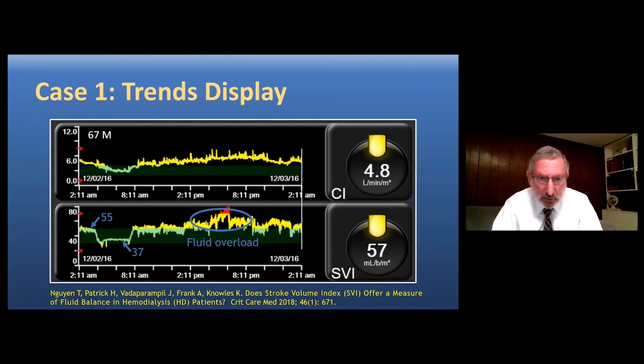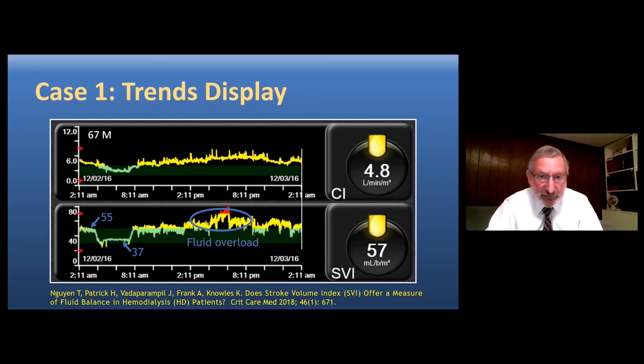So in summary, SVI, looking at it as a de-resuscitation, is very interesting when you're dialyzing patients with an ultrafiltration and allows you to monitor their stability on the ultrafiltration.